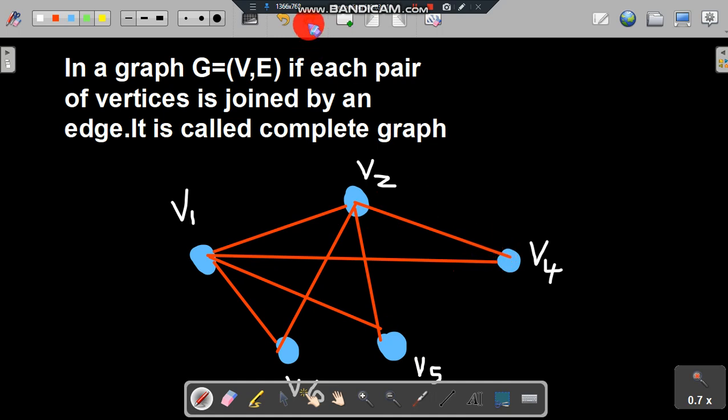Now coming to V4, I am connecting V4 to V6 and V4 to V5. So there exists an edge between V4 and V2, V4 and V1, V4 and V6, and V4 and V5. So this vertex is connected to all the vertices. Now the last one is about V5 to V6.